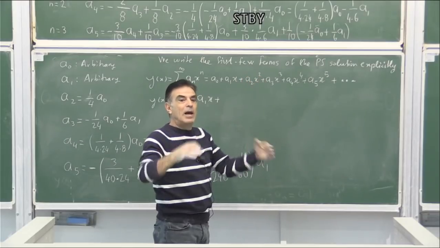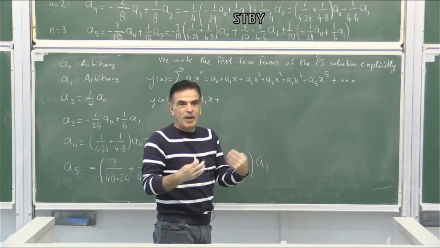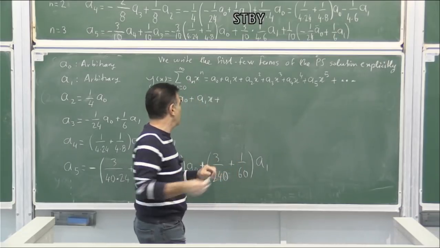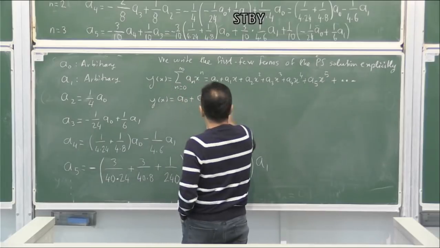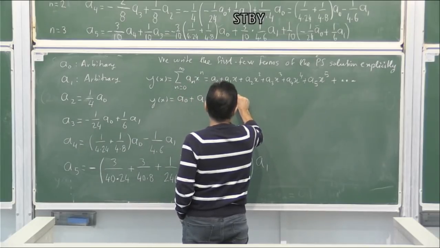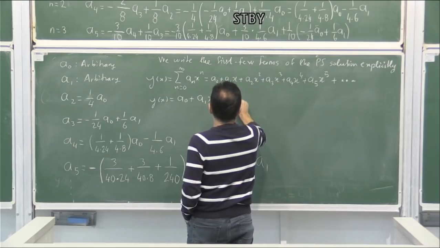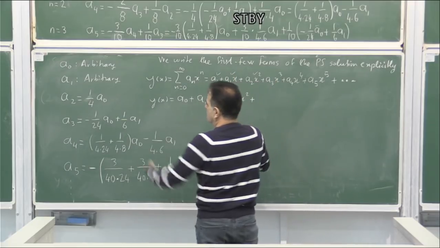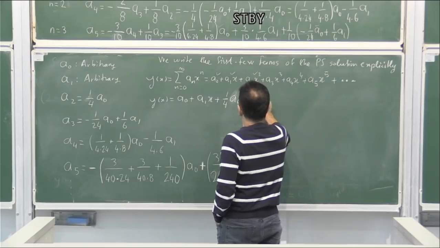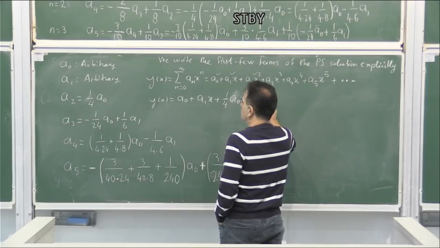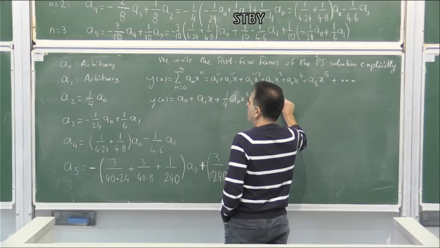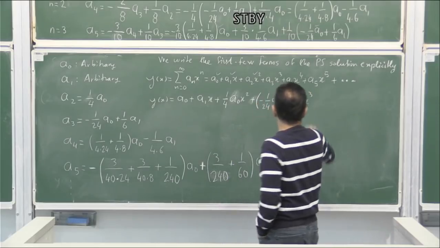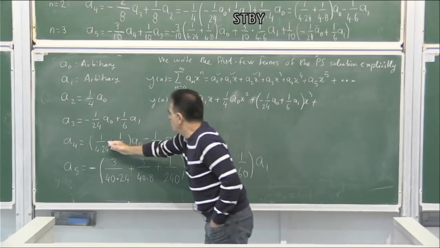So a0 and a1 remain arbitrary again, which is expected because the general solution should contain only two arbitrary constants. A2 is written as 1 over 4 a0 x squared. Good. A3 is written as minus 1 over 24 a0 plus 1 over 6 a1 x cubed. This is a3.